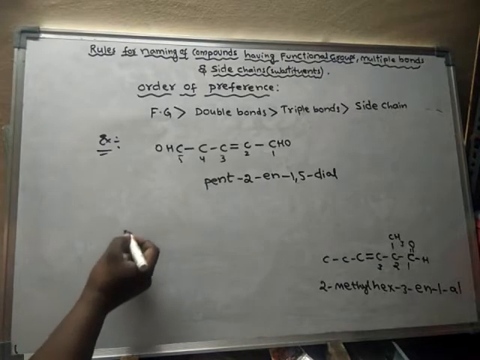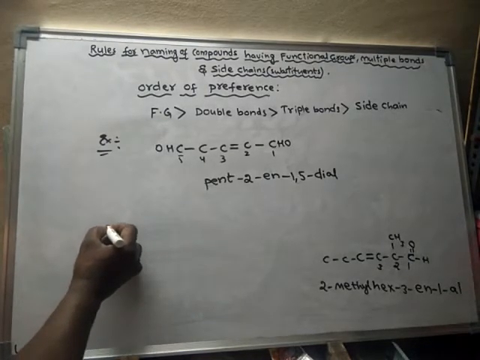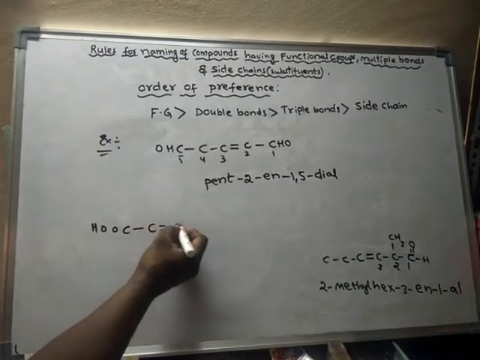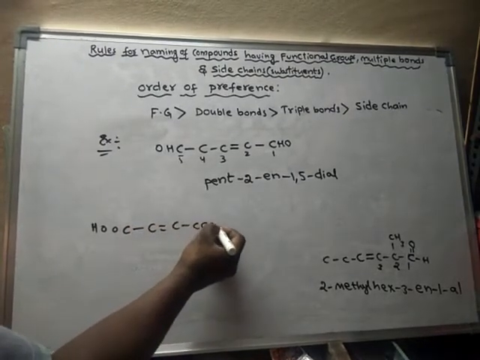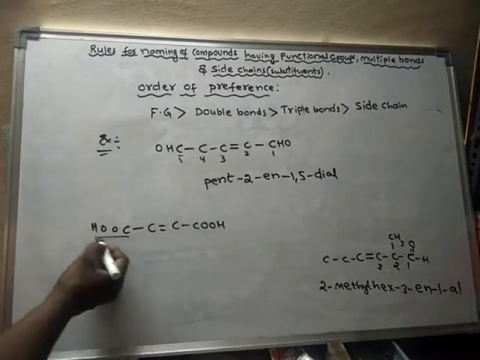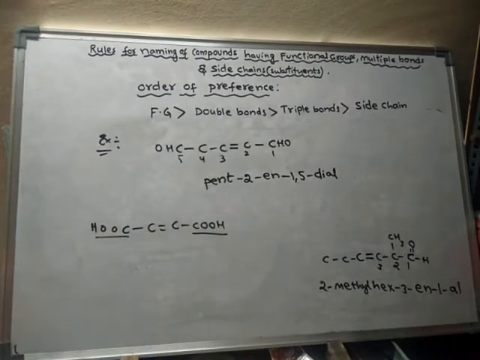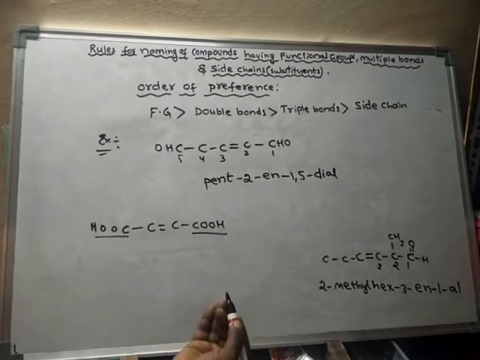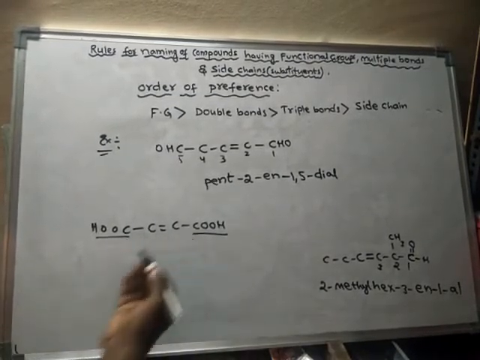Now what is the name of this compound? COOH, acid group, carboxylic acid group. Again COOH. So there are two COOH groups. What is the name of this compound? Let us start from anywhere; from any direction we can give numbering.